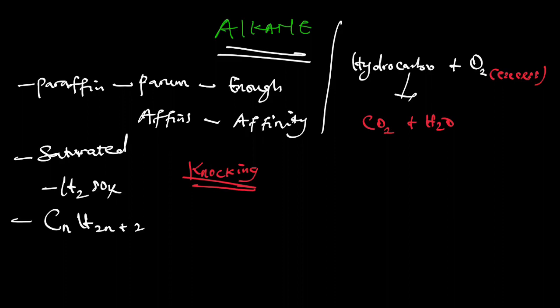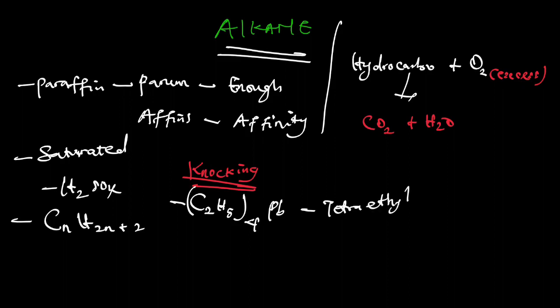But what if we did not want to buy faulty or low quality petrol on purpose? How can we correct this defect? It's simple. By adding a particular compound known as tetraethyllead.